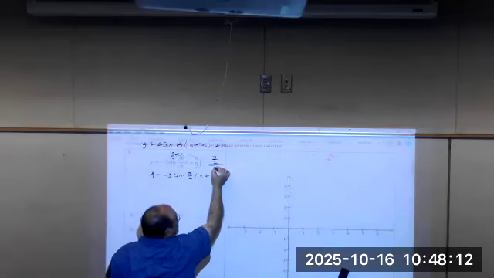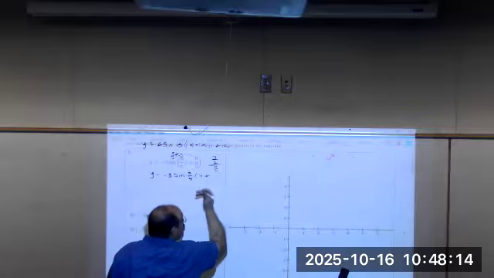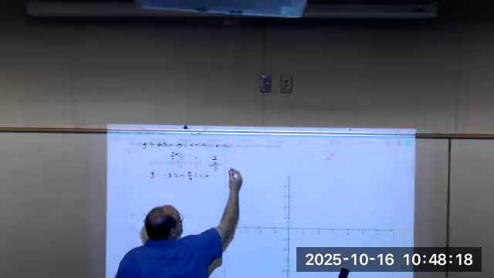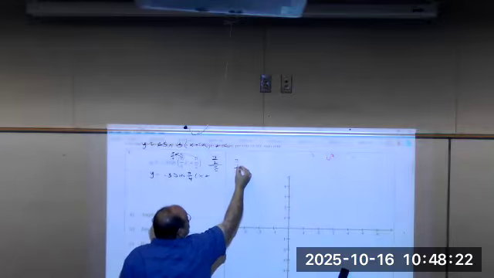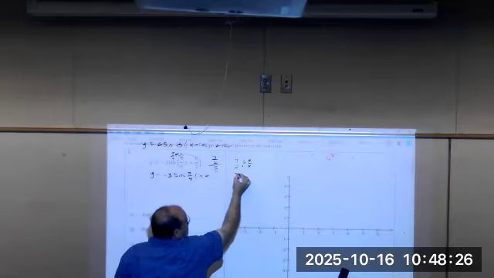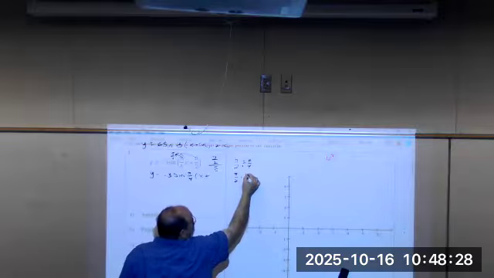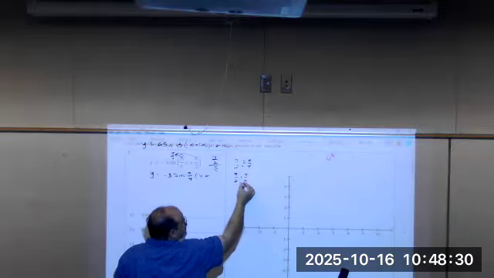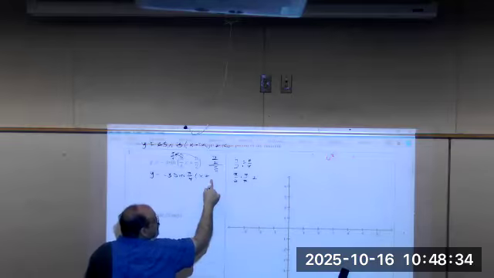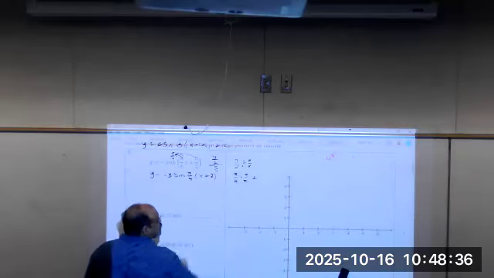Take the pi over 2, you're going to divide by the pi over 4. Pi over 2 is going to get divided by pi over 4. So that's pi over 2 times 4 over pi. This is a 2.